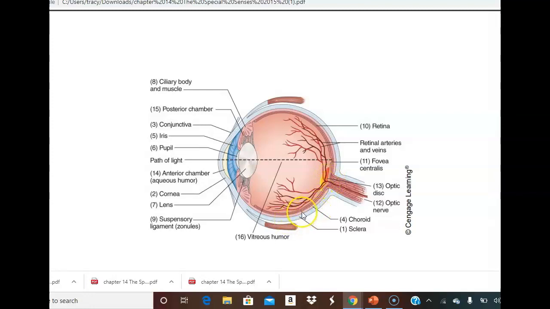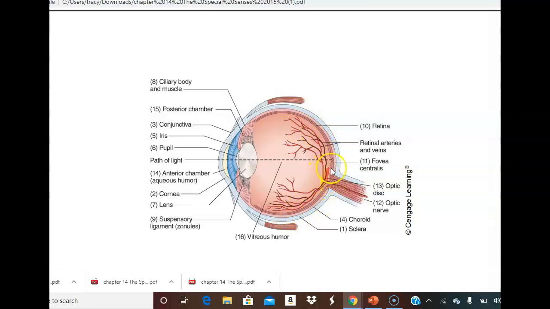And this choroid layer, say the outer layer here, the white layer is the sclera. This layer number 4 here is the kind of middle layer, which is the choroid. That's where all these vessels stem out of. And then in here, that inner layer is where the photoreceptor cells are, the rods and the cones, and that's the retina. Okay. Our fovea centralis is a very small, focused area here where we have our extreme, I guess, focused or central vision, to where everything else around here would be considered peripheral vision.